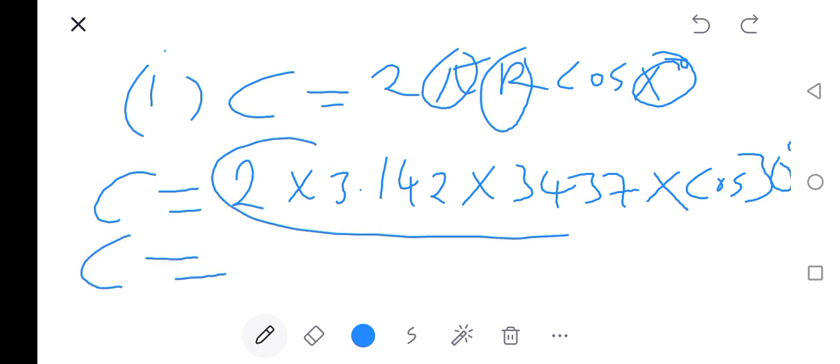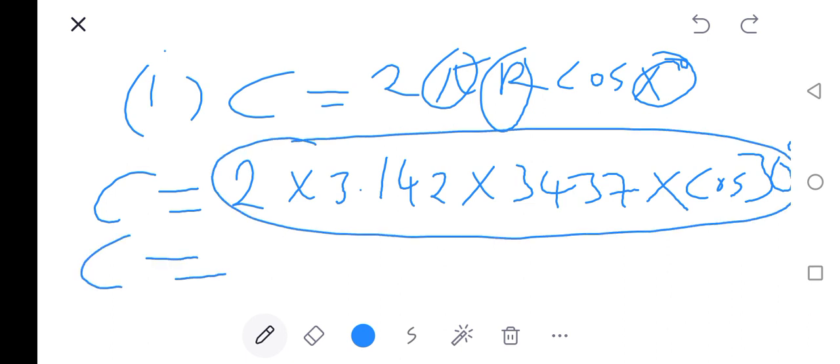So punch all these on a calculator. If this question comes in paper 1, they'll give you cos 30.